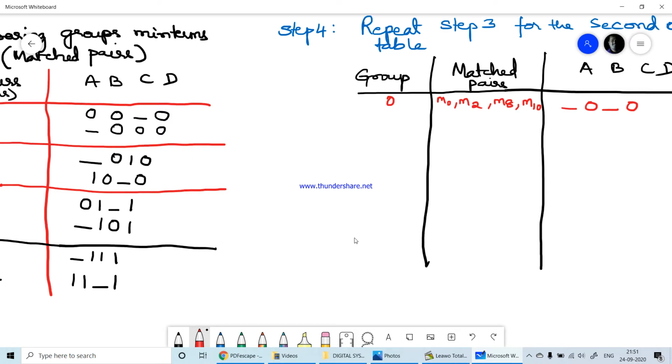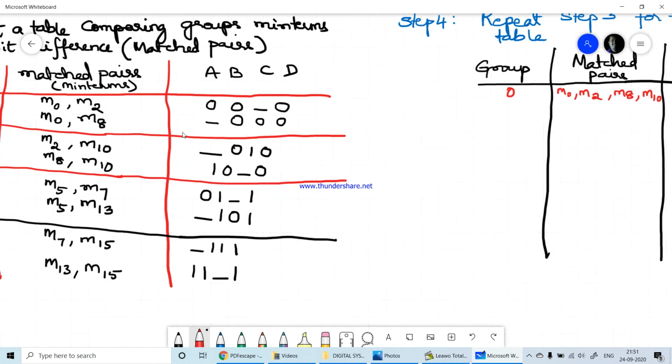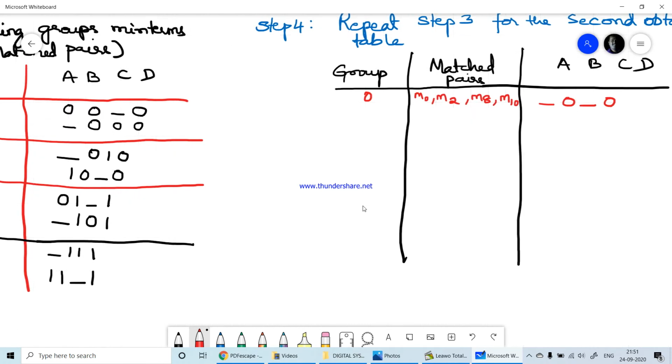Now M0 M2 is over. Now I compare M0 M8 with these two: M0 M8 and M2 M10, dash 0 0 0 and dash 0 1 0. Oh, you can group it. See, we have a third bit difference. So I can say dash 0 dash 0. Therefore I will say M0 M8 M2 M10.